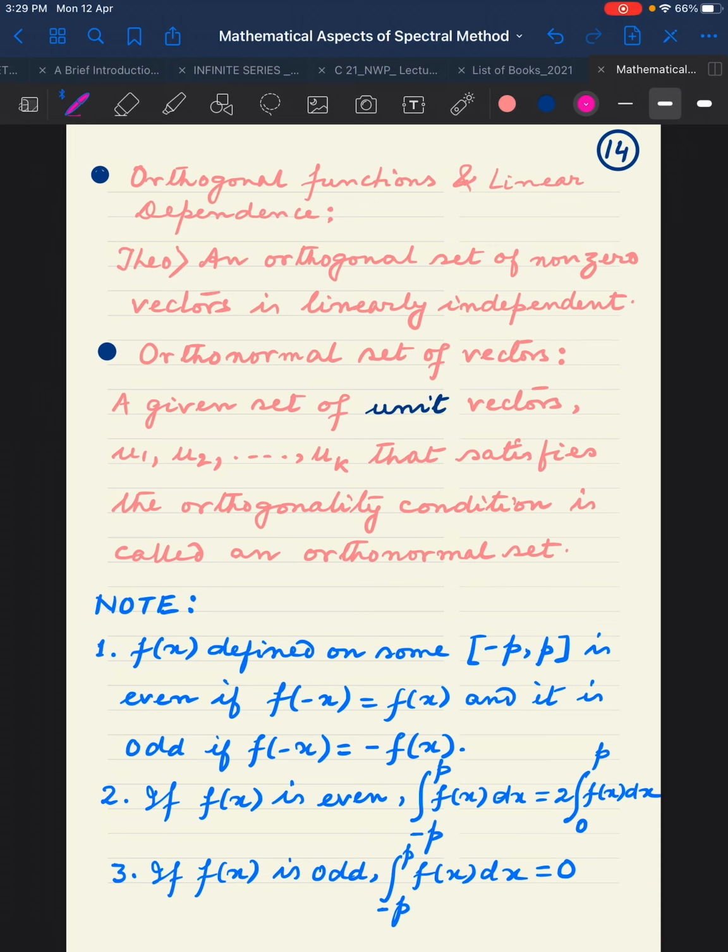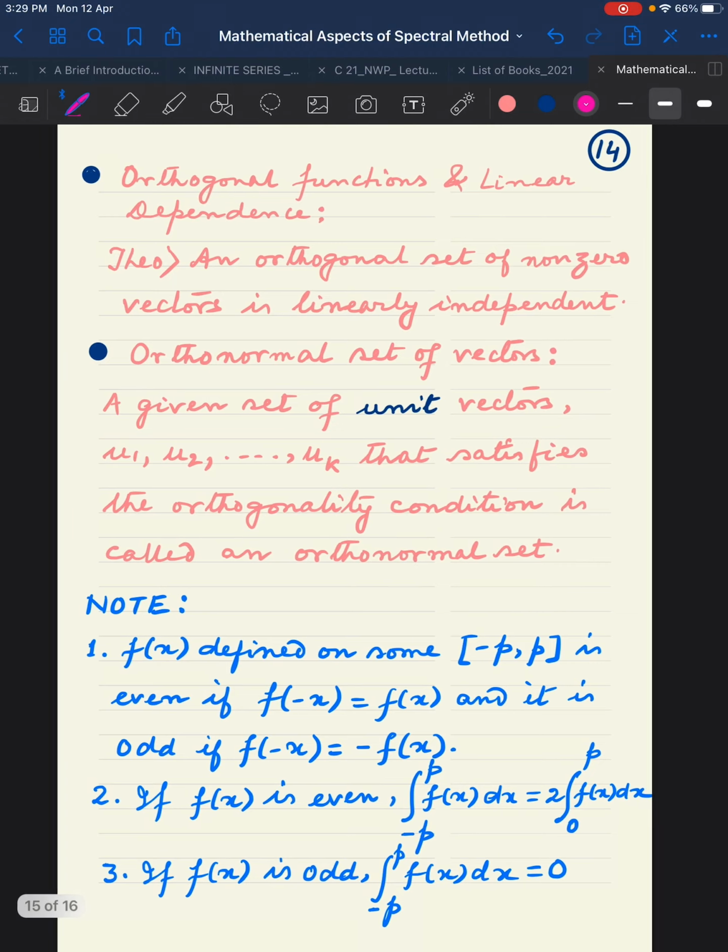Why did we take the basis functions as orthogonal? Because an orthogonal set of non-zero vectors is linearly independent, and we know that any set of linearly independent vectors can be extended to a basis. So that relates the two.